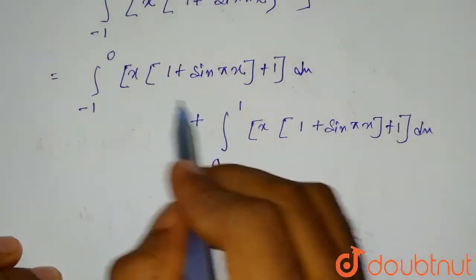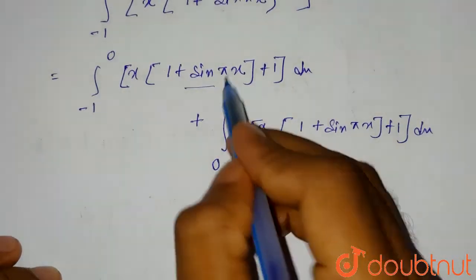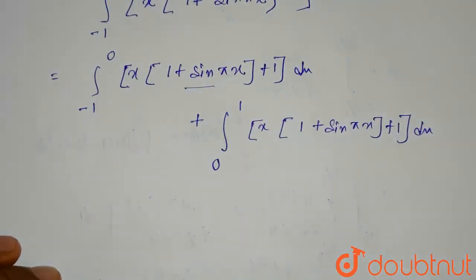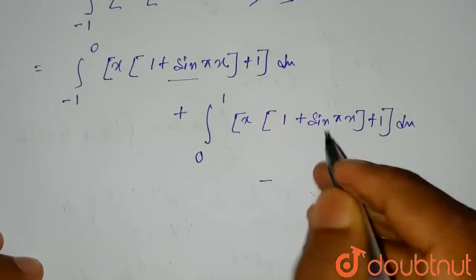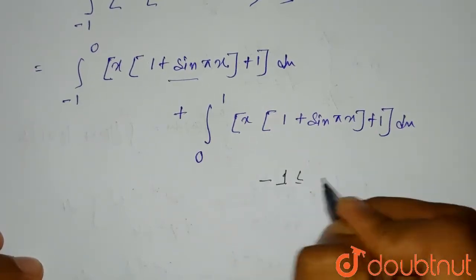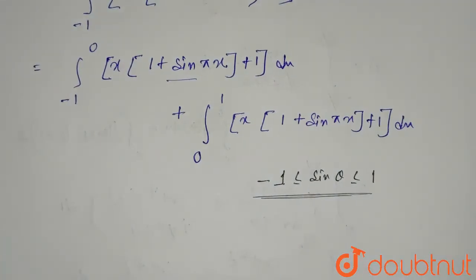Now we have to find the greatest integer value of this part. We know that the value of sin πx lies between -1 and 1, that is, -1 ≤ sin θ ≤ 1.